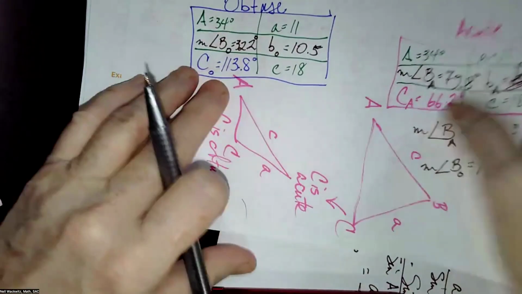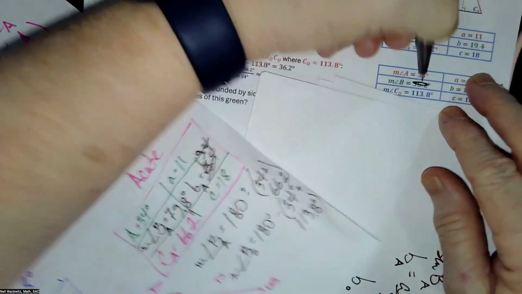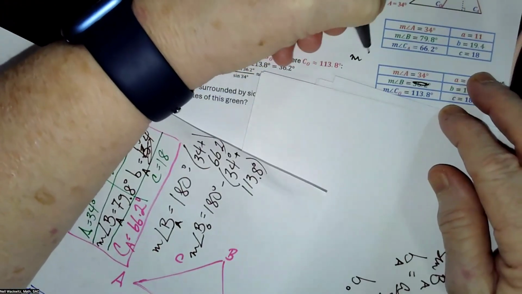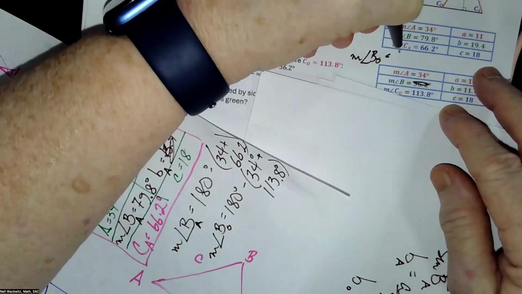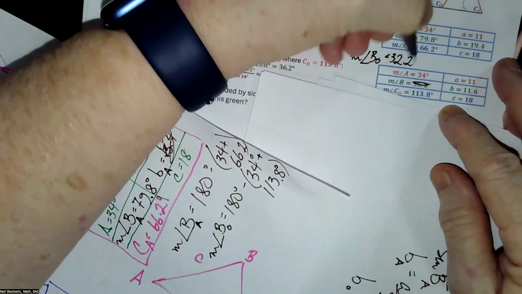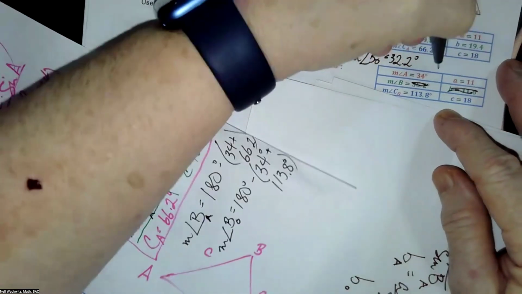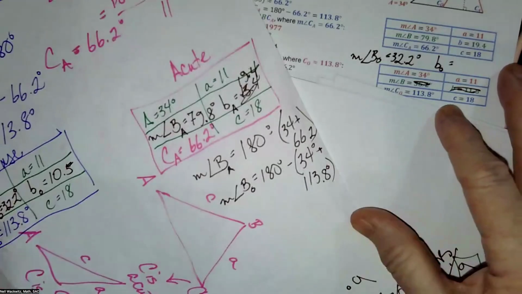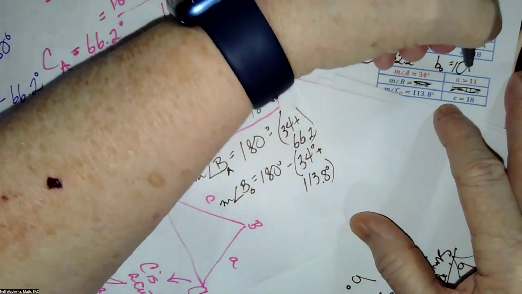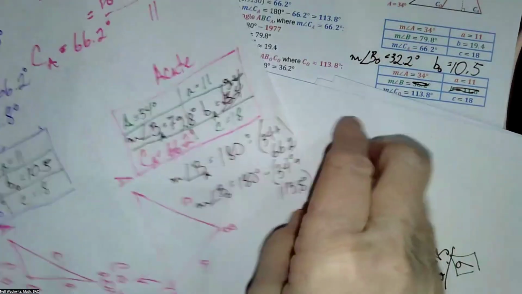Good. So we were correct, and I will correct the notes. And for B obtuse, we got 10.5. Okay, groovy.